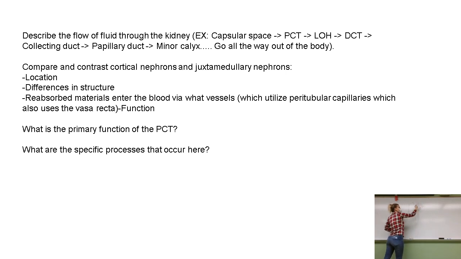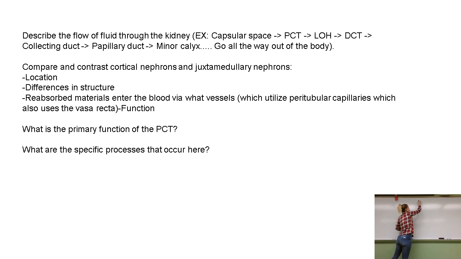Blood goes into the glomerulus via what artery? The afferent glomerular arteriole, right? And then the blood goes into the actual glomerulus. That's the ball of capillaries that's there. And we push stuff out of the blood and into this capsular space.